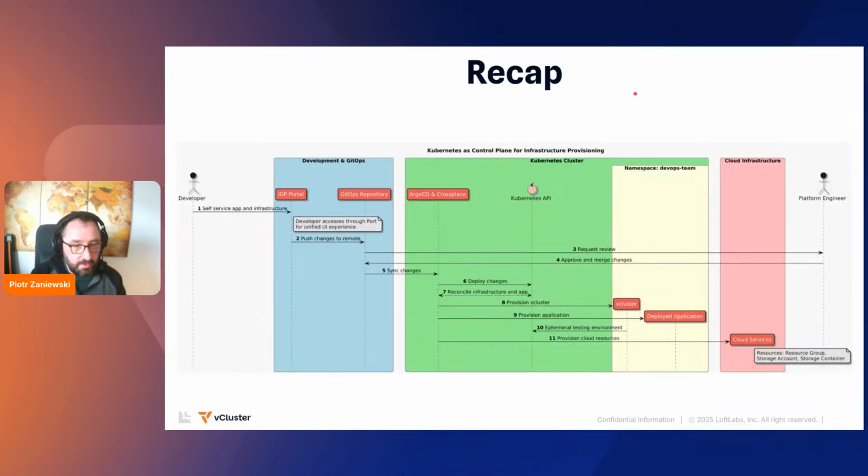So if you like learning visually, this is a little diagram. I hope you guys can see this clearly. A quick recap: as a developer, I went to a portal and created infrastructure really easily with the one click of a button. What happened behind the scenes? Port opened the PR in a Git repository, and from there on, Argo CD took it over, and we had a bunch of tools like Crossplane, vCluster, Prometheus observability tools, and so on.